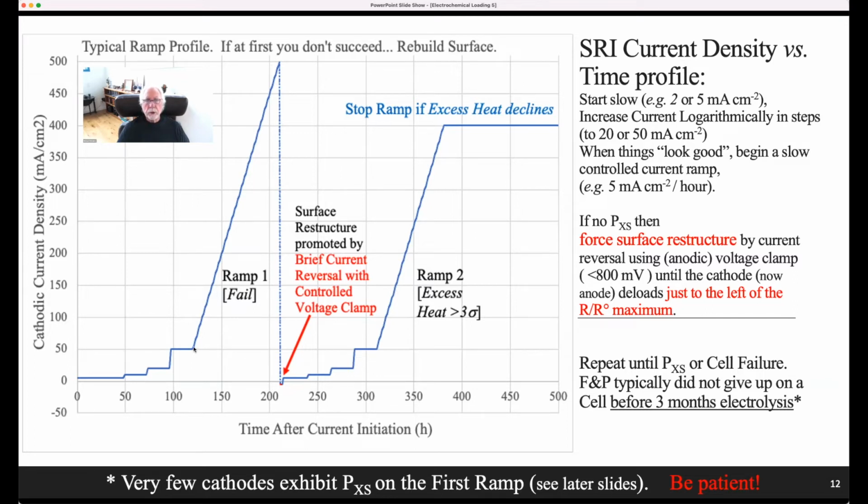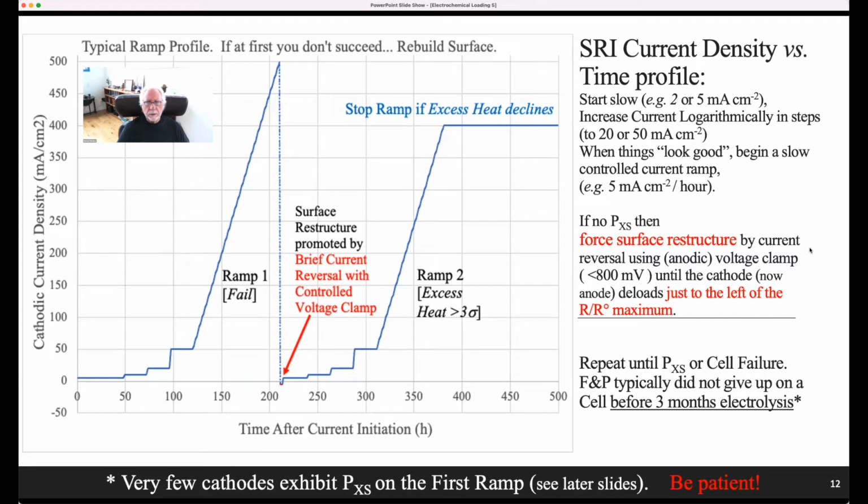The ramp shown in this graph is 5 milliamps per square centimeter per hour. So the current density increases 5 milliamps per square centimeter every hour. If there's no excess power at the end of this first ramp, and there usually is not, then we force a surface restructure by a current reversal using an anodic voltage clamp.